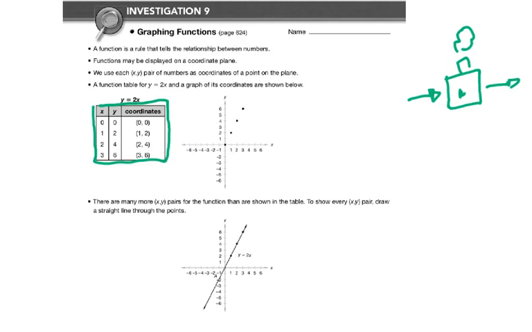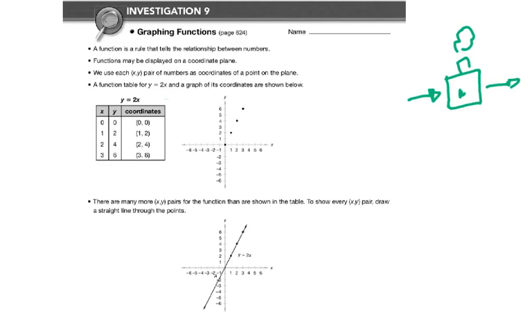Every time our x is 0, our y would equal 0, because 2 times 0 equals 0. Every time our x is 1, our y would equal 2, because 2 times 1 is 2. Every time our x is 2, our y would be 4.